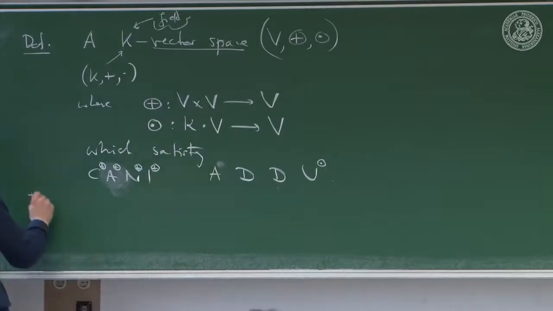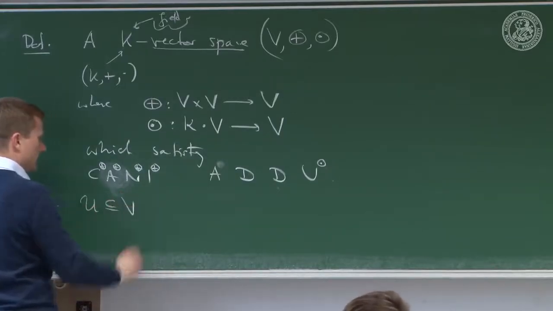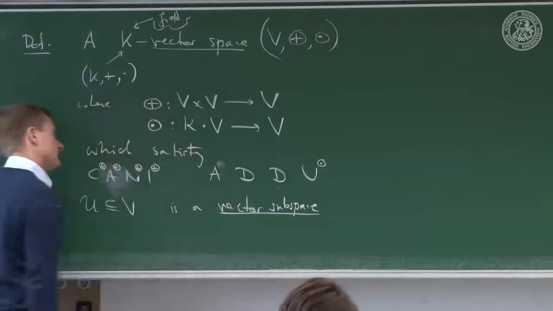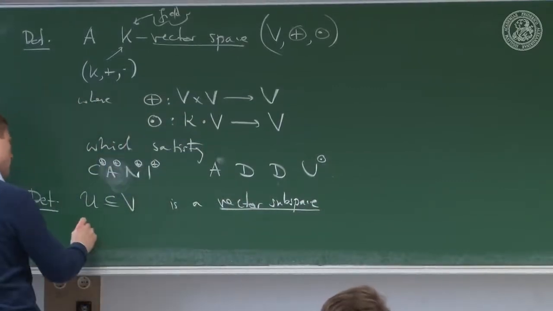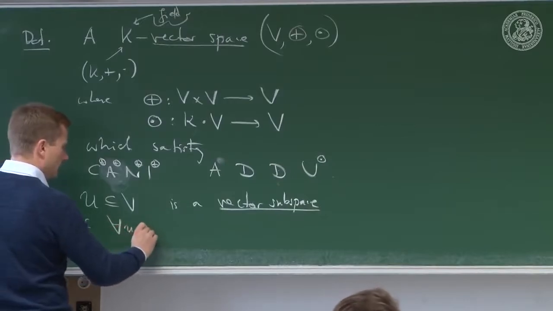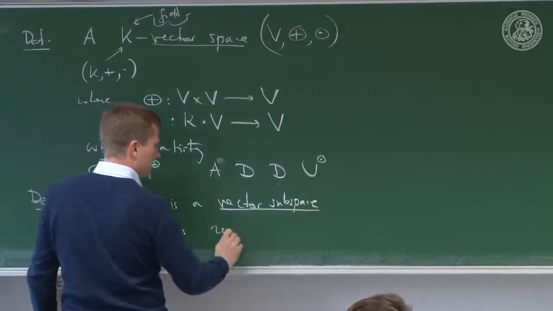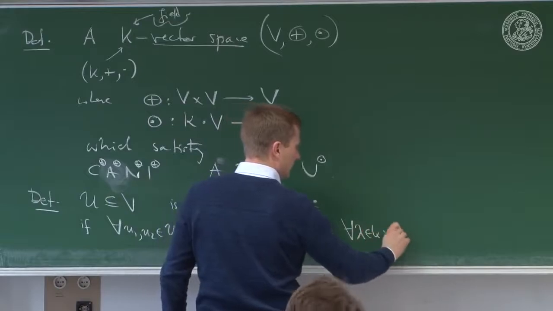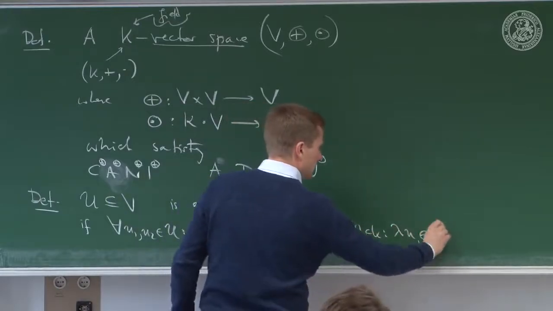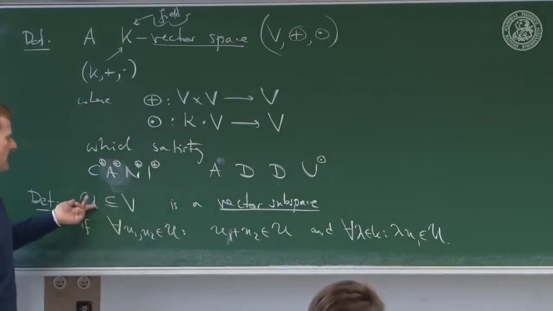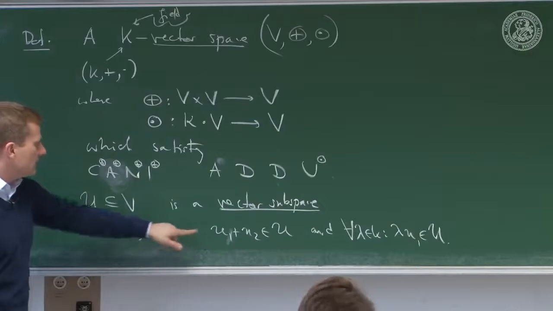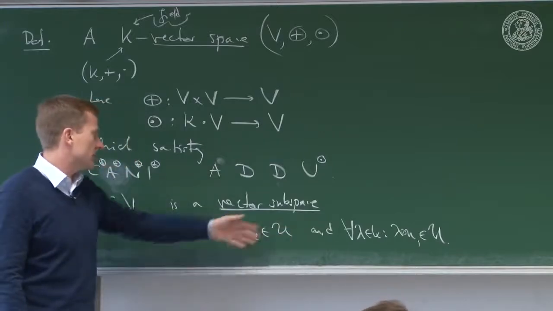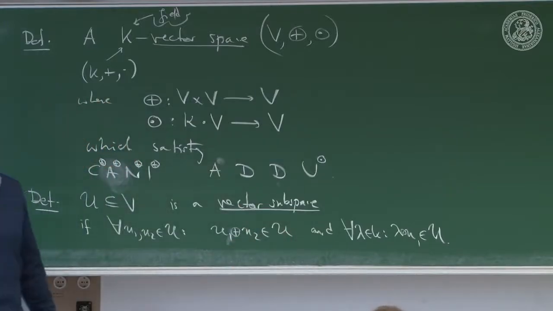Now you have a vector space, and you can define: U, a subset of V, where V is a vector space, is a vector subspace if for all U1, U2 in U, it's true that their sum is again in U, and for all lambda in K, also lambda U1 is again in U. One also says a subset of a vector space is a vector subspace if the circ addition and the circ dot close on U. So you take two elements from U and they don't lead you outside there. You also saw all of this before.